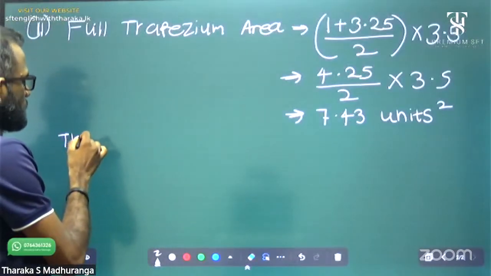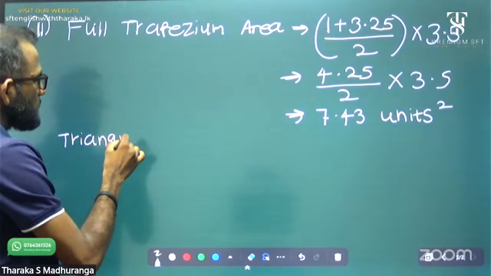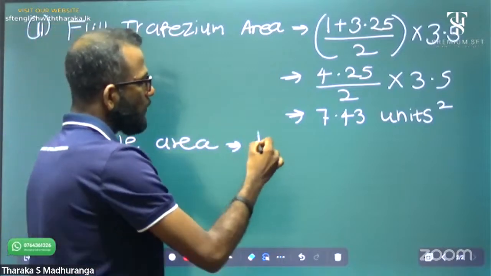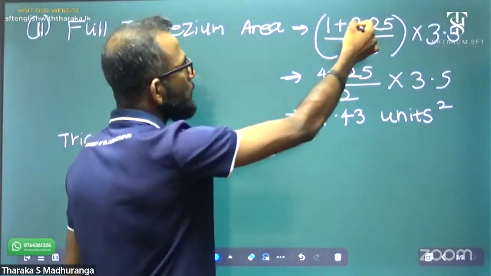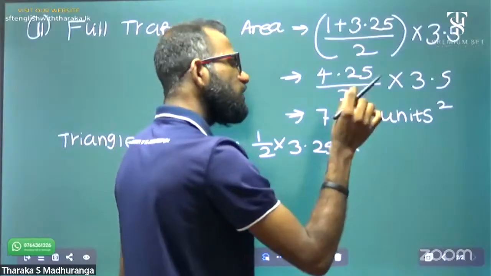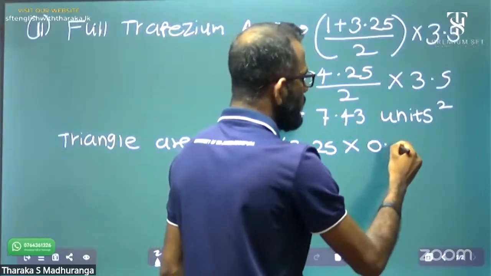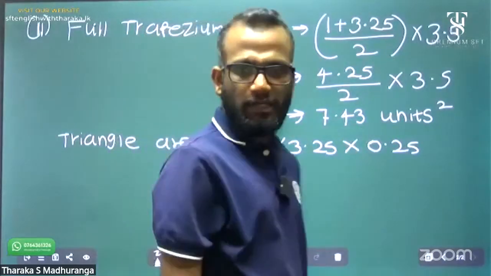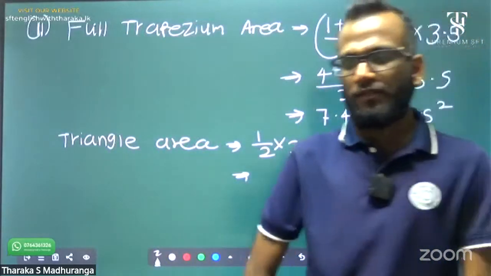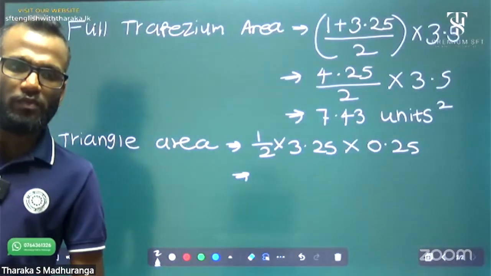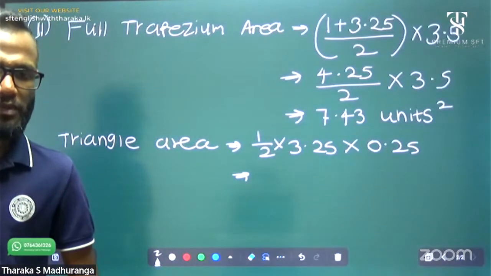Triangle area is half into base 3.25 into height, its small value 0.25. Okay, half into base into height, right? Okay, can you send this value? 3.25 into 0.25 divided by 2.